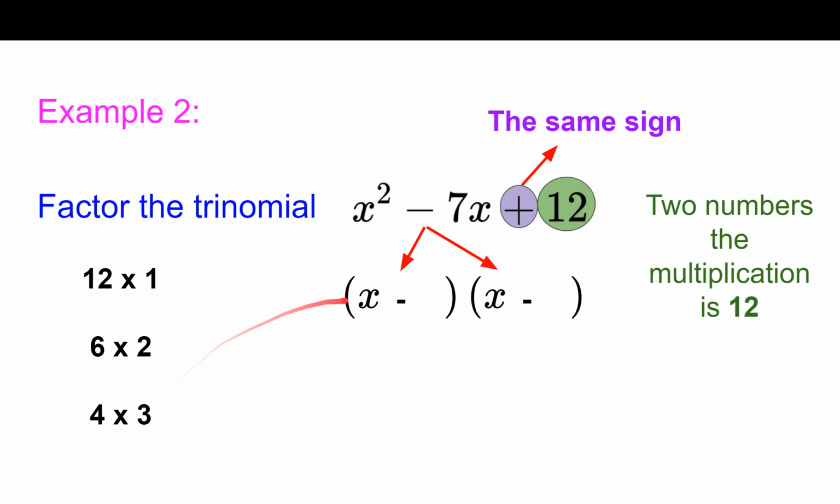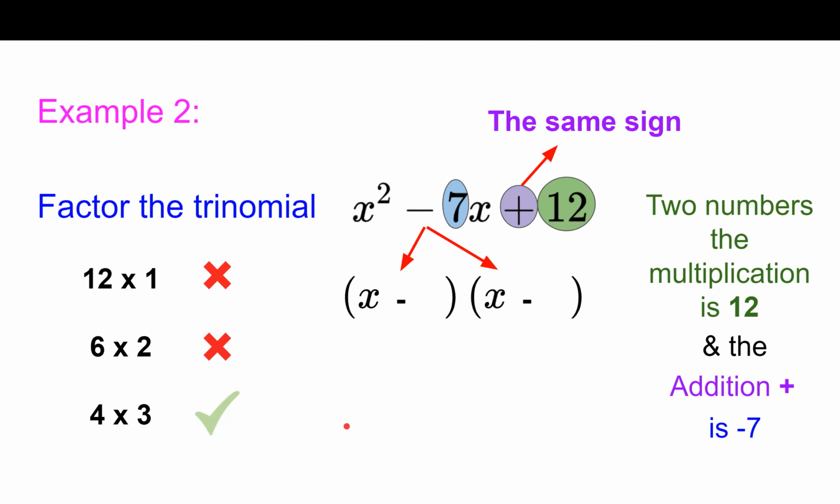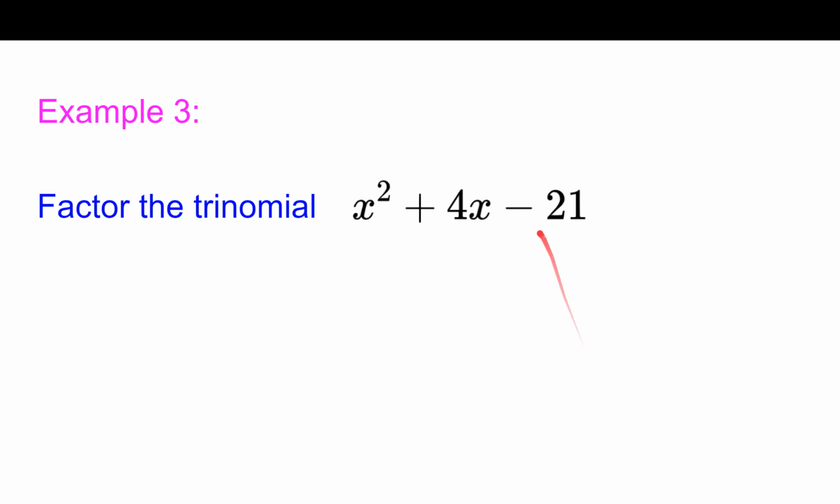Which of these add up to 7? It's not the first or the second, because those give you 13 and 8. The last one is the answer: 4 and 3. It doesn't matter where you put them because they have the same sign, and that's the answer.